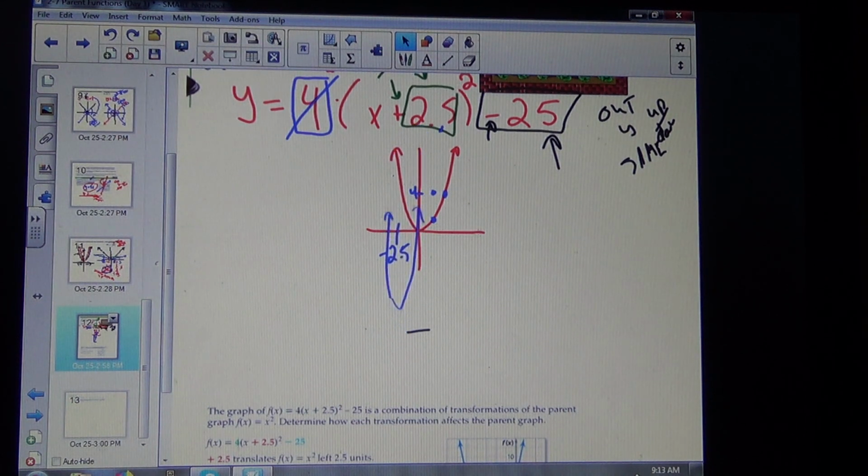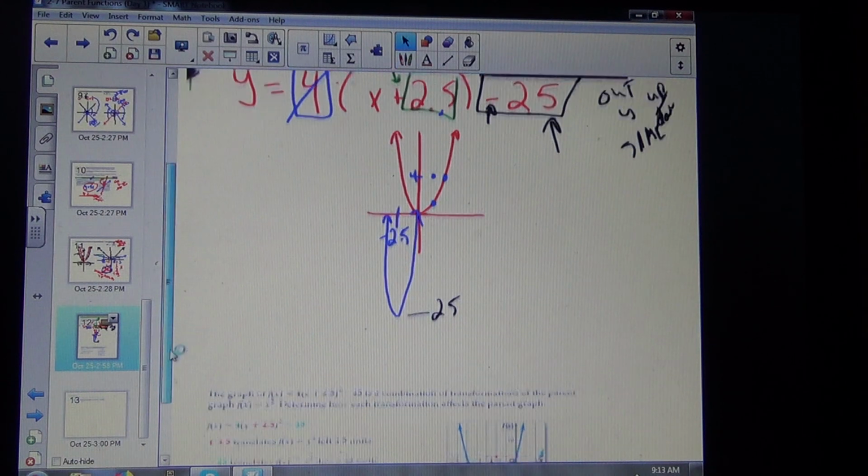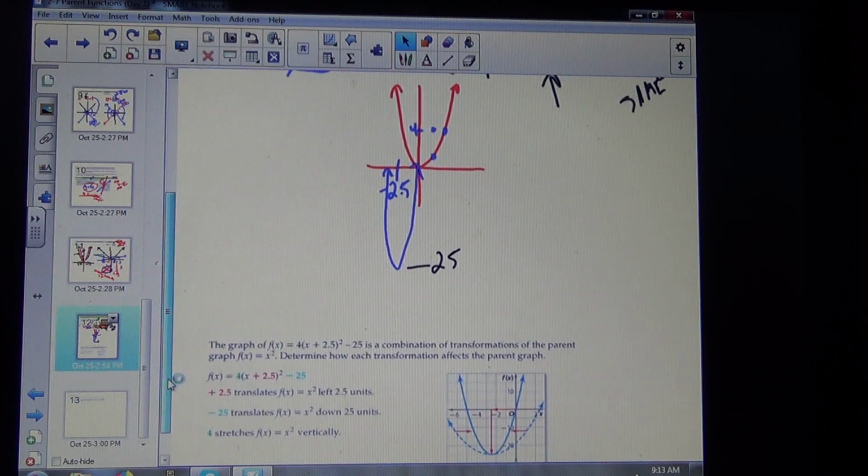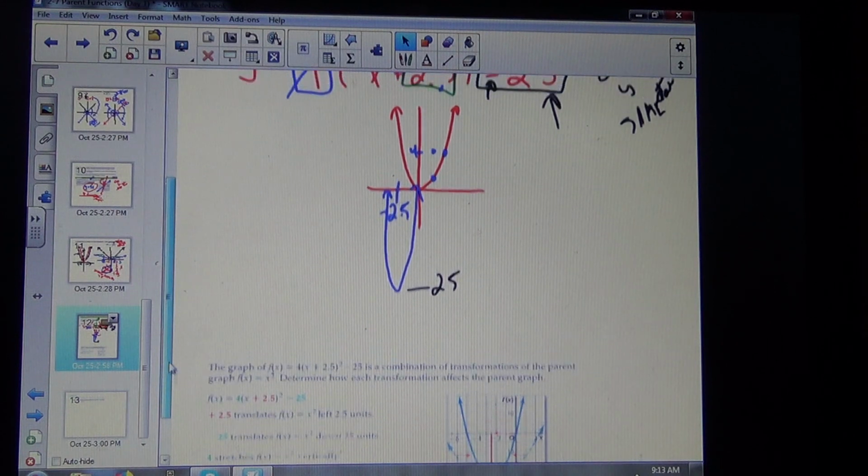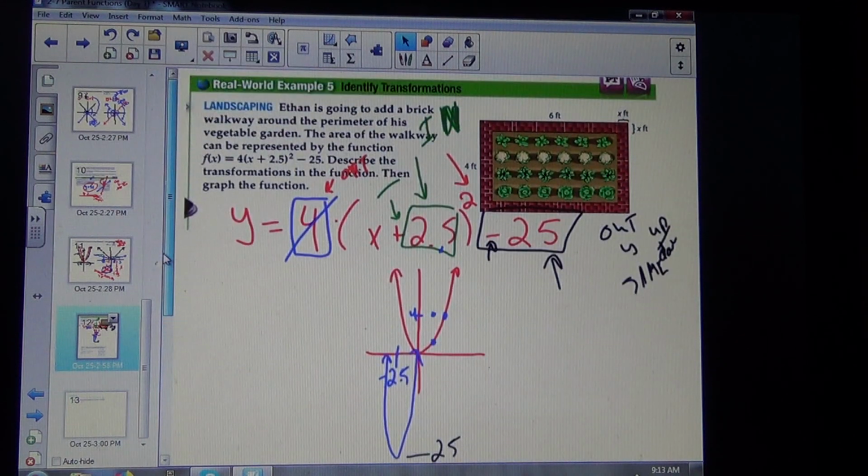So it pretty much started here, it got 4 times as steep, it shifted left 2.5, and then it went down 25 units. And that would be my new parent graph.